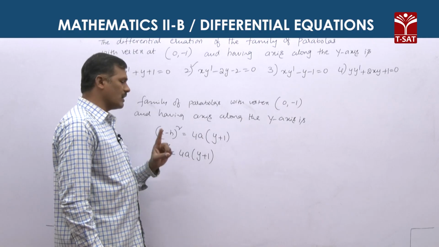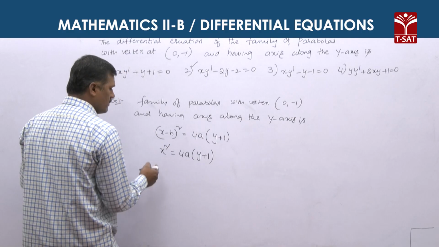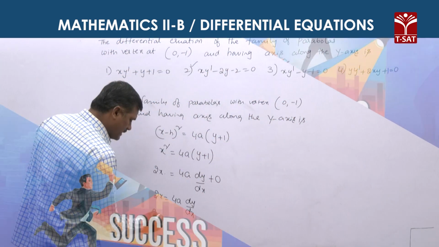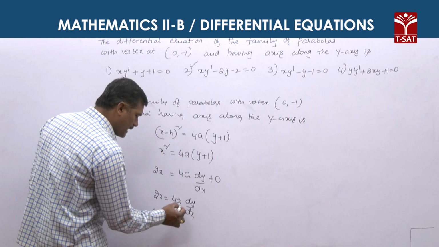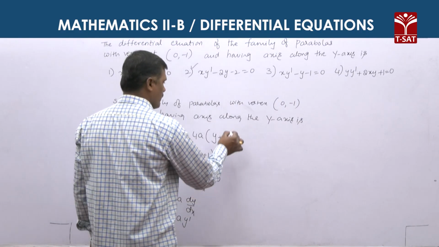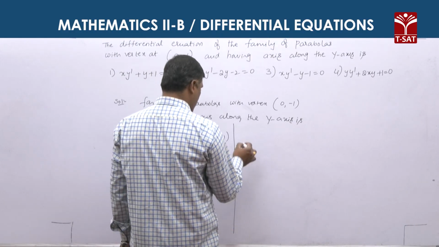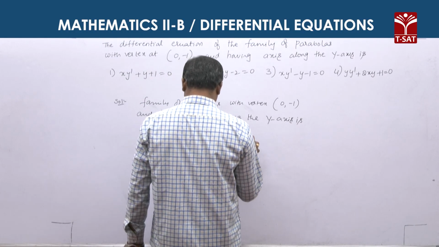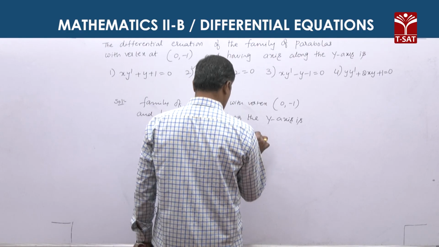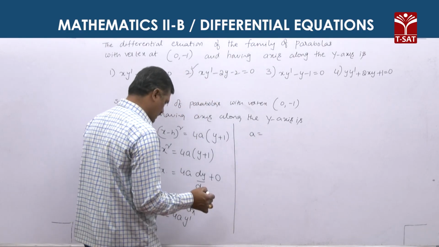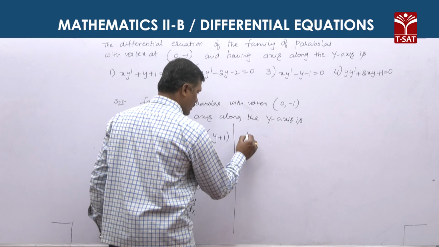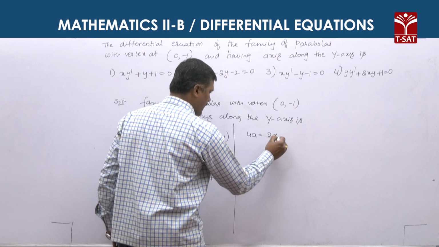Now we can differentiate one time only. Differentiating with respect to x, 2x is equal to, for simple calculation, 4a into dy by dx, nothing but y dash. So 4a is equal to 2x by y dash.